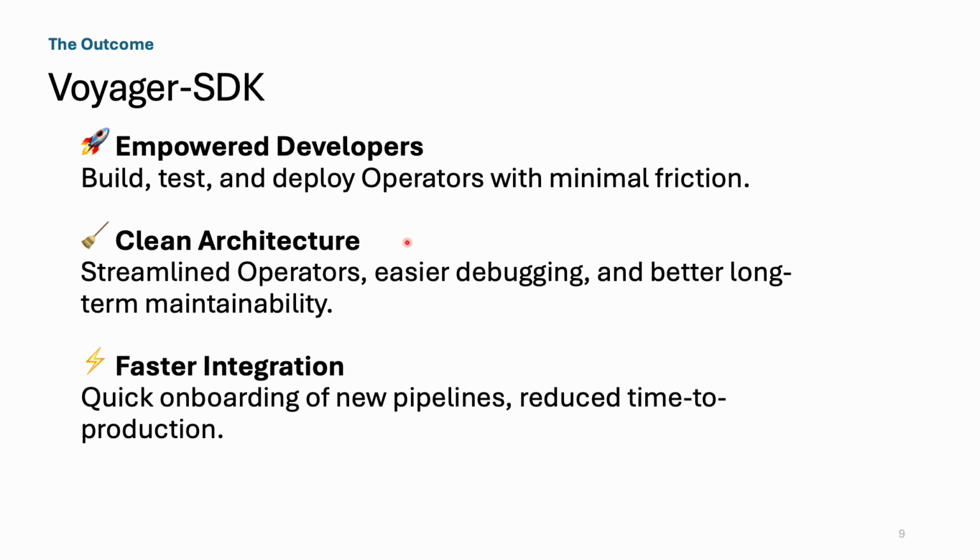Modular design simplifies debugging and maintenance, lowers technical debt, and improves long-term system stability. And fast integration. Standardized tools and automation accelerate onboarding, minimizing time to production for new pipelines. Collectively, these capabilities position Voyager SDK as a scalable and reproducible framework for bioinformatics workflow integration, advancing both development agility and scientific rigor.